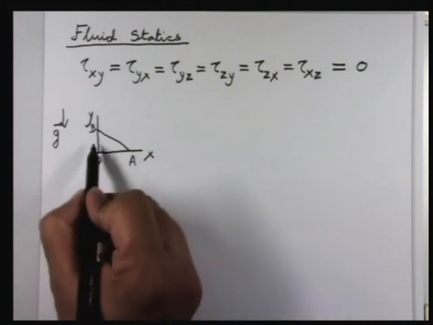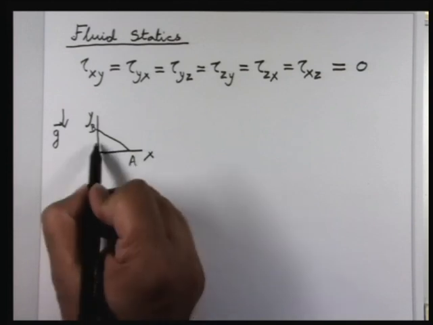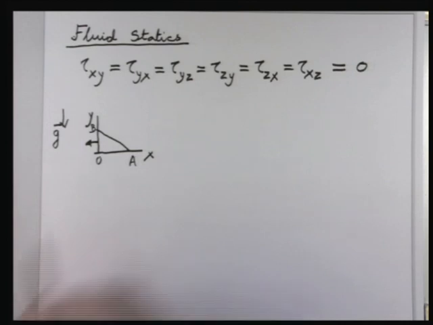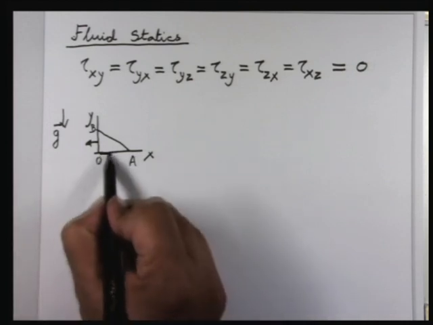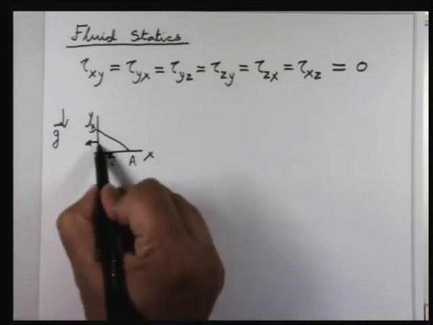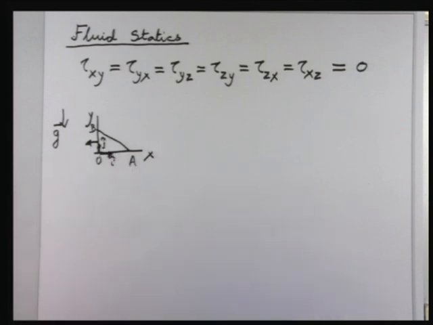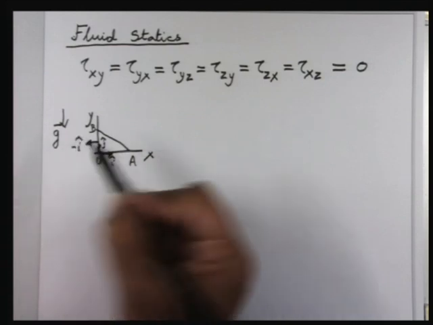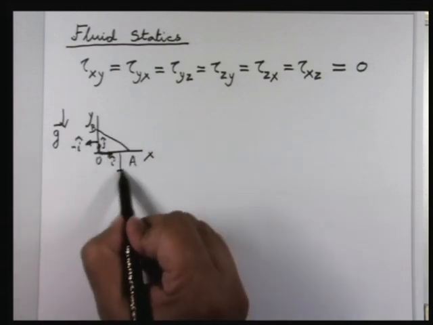Now this is the negative x face. The outward normal is, if I say this unit vector is i, this unit vector is j, then this is the minus i face and this is the minus j face.